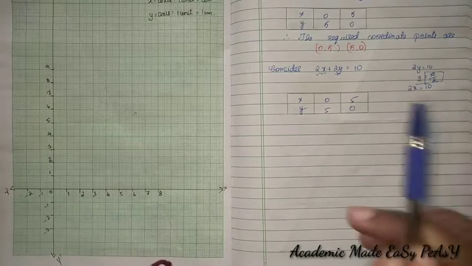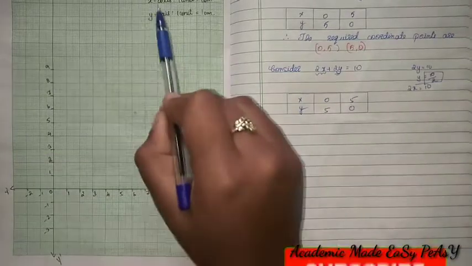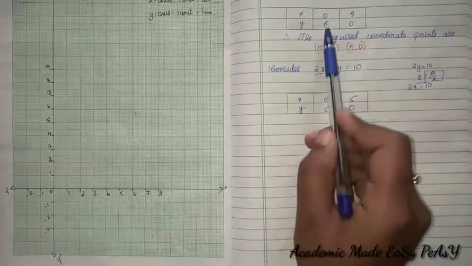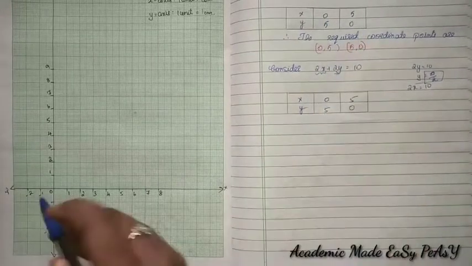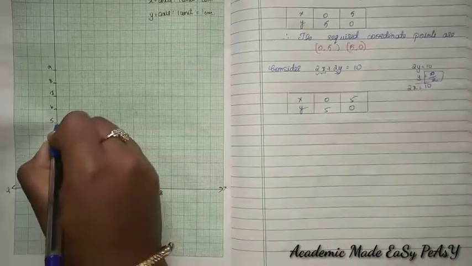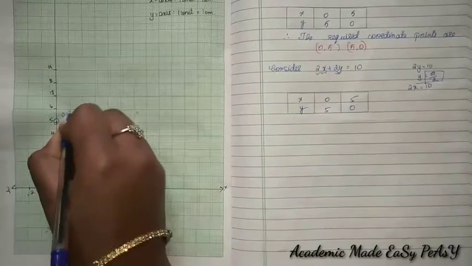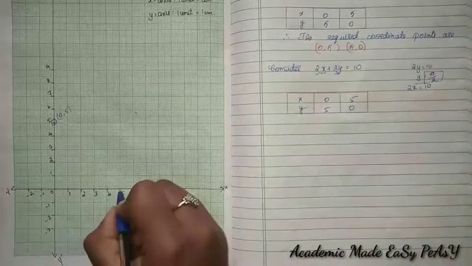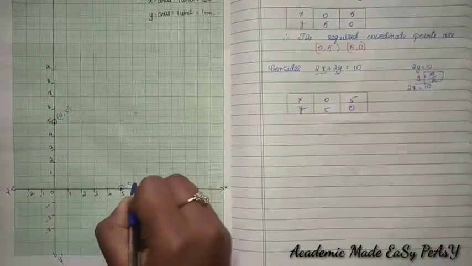Even now I am insisting that writing the scale is very important. Now let's start to plot the points. First it is 0, 5, so 0 and 5 over here. The next is 5, 0, so here it is 5, 0.